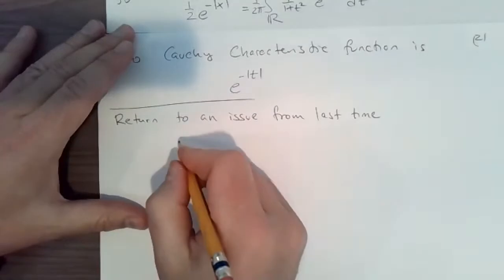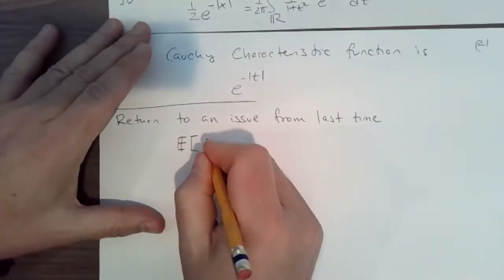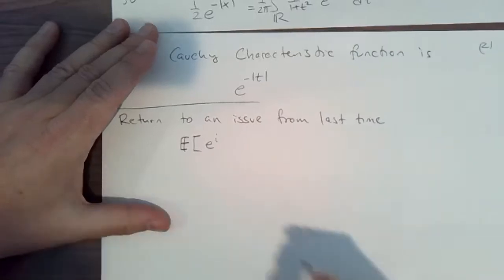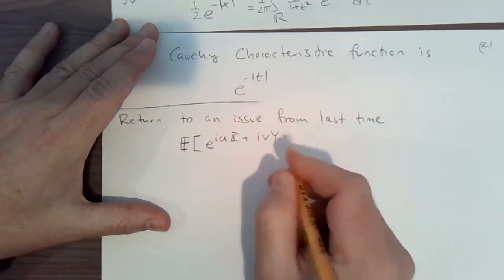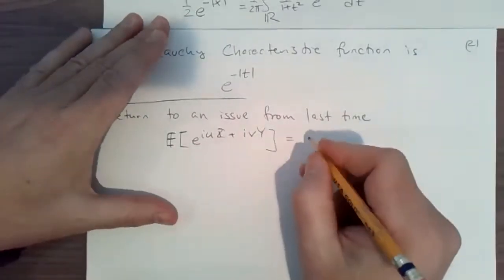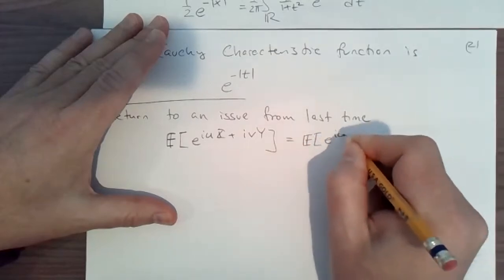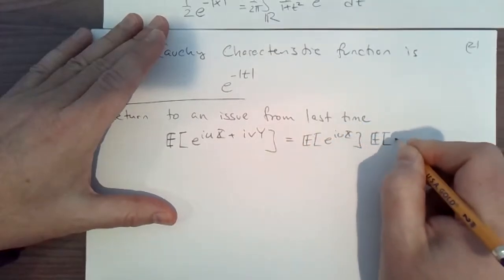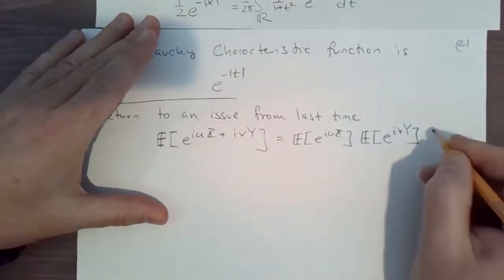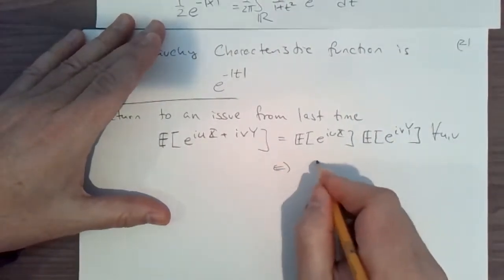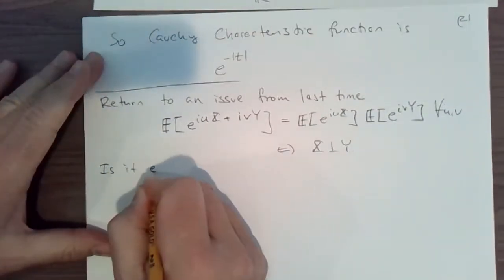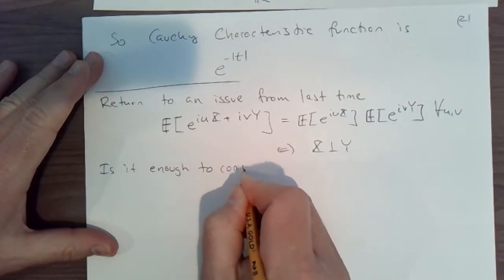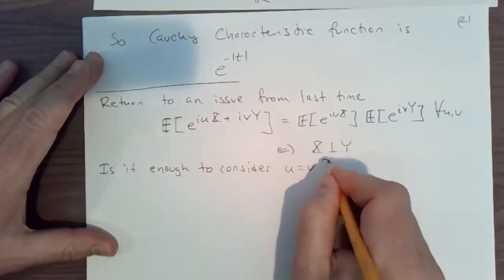The issue from last time was this: if I take a joint characteristic function, with u and v, of u X plus i v Y, and I can prove that the joint characteristic function factors into the marginals for any u and v, this is the same thing as saying that X is independent of Y. The question we had last time: is it enough to consider u equal to v?